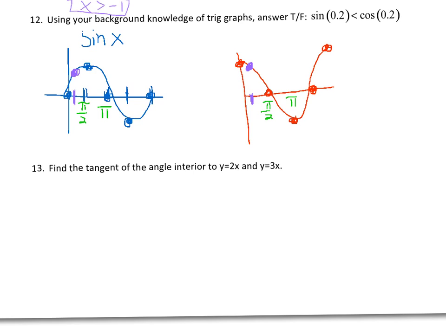At sine x, we're just coming up from 0 when we get to 0.2, and at cosine of x, we're just coming down from 1. So we can say that this statement is true, because at 0.2, our value would be closer to 0 for sine, and for cosine at 0.2, our value would be closer to 1.